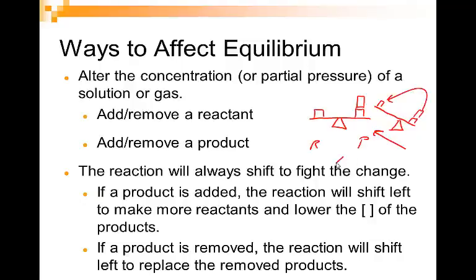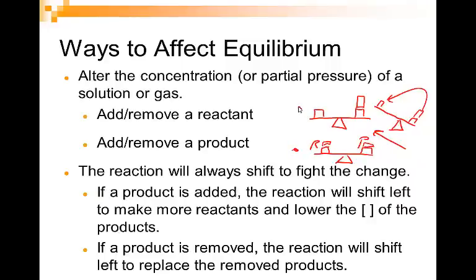So we are going to reestablish equilibrium by moving some material to the reactant side should we add products. And what we get there is a new equilibrium point signified by the different amounts of material here versus here.